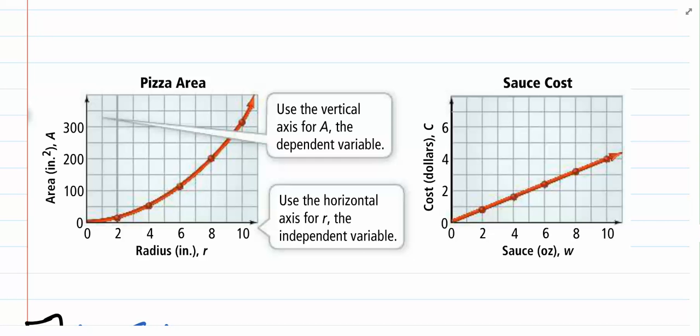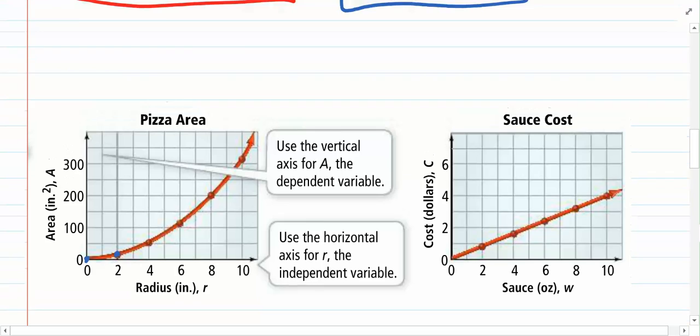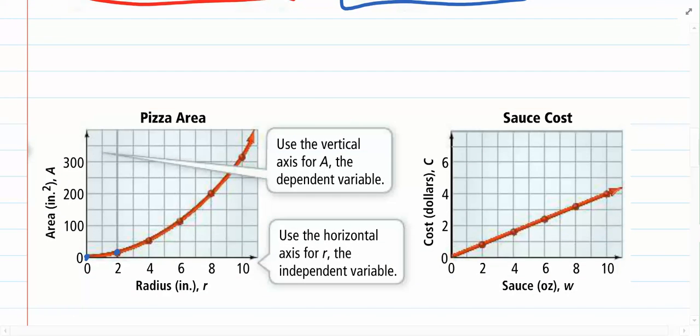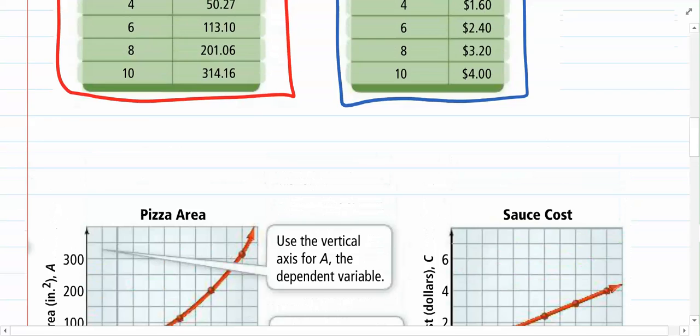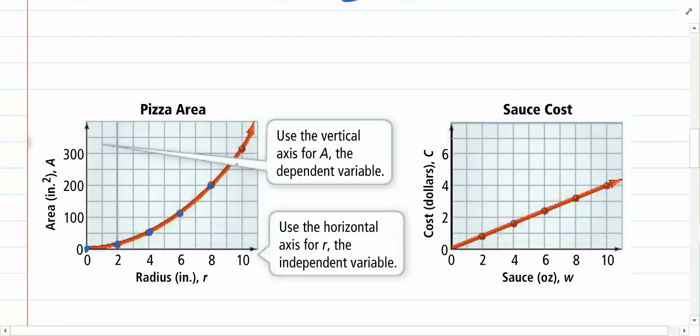So the 2 graphs would look like this. The pizza area is a non-linear function. Here's why. It gives us the points 0, 0. It gives us 2, 15. It gives us 4, 50, and so on and so forth all the way up. If we connect the points here, you can see that I have this graph going up.